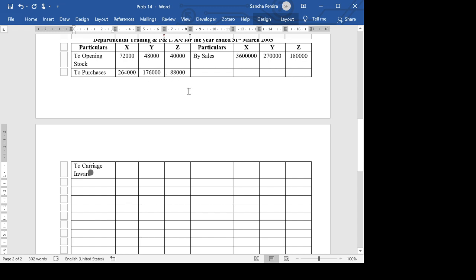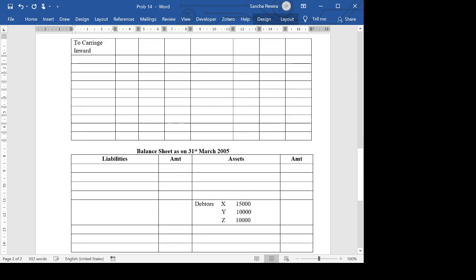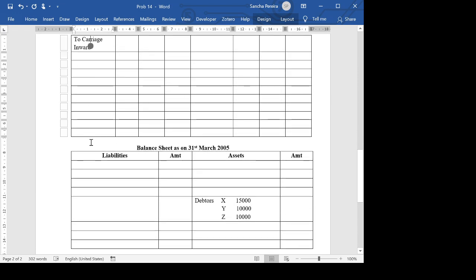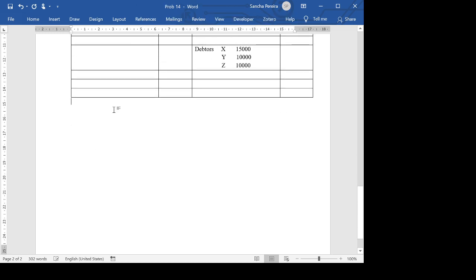We'll just try to find this ratio. 2,64,000 is to 1,76,000 is to 88,000. First, let's cancel the three zeros. You have the ratio: 3 is to 2 is to 1.